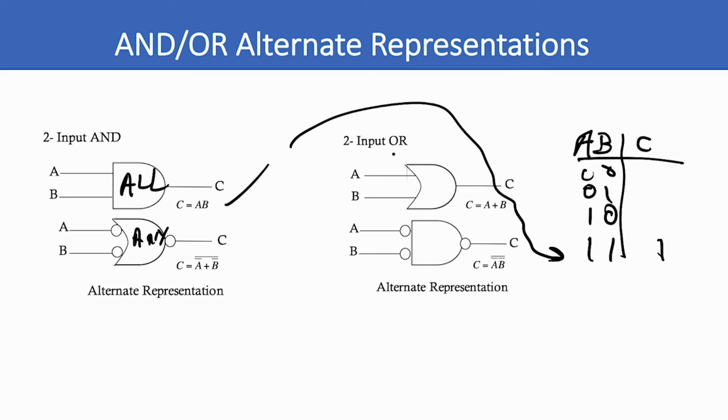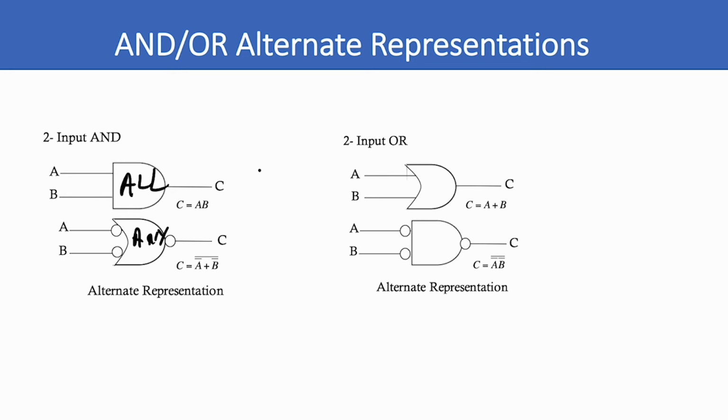And then the other case says any low gives a low. There's a low, we get a low. Any low gives a low, we get a low. Okay. So this is the alternate representation of an AND gate that logically describes the other 3 cases, the other, I like to call them any cases.